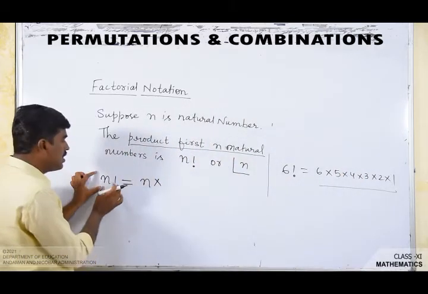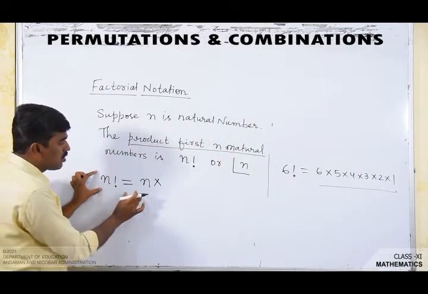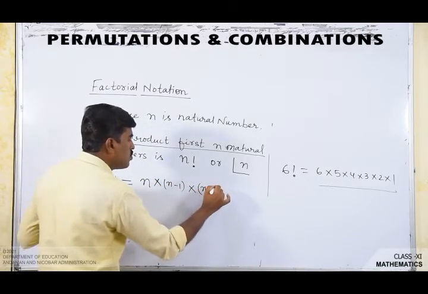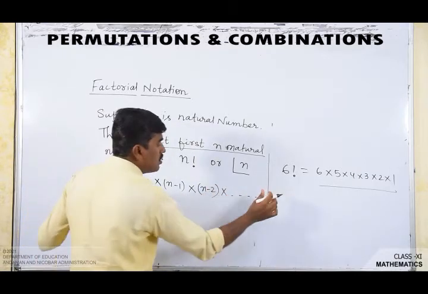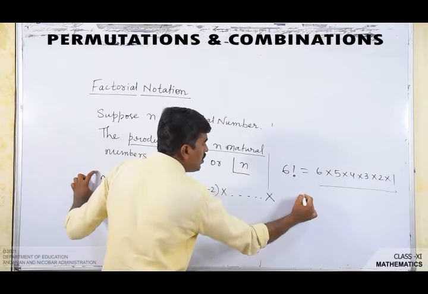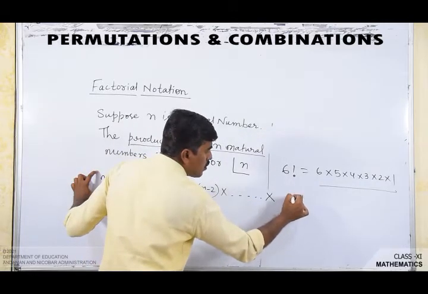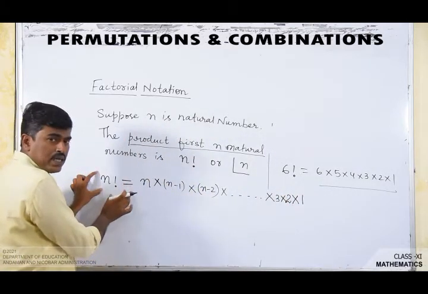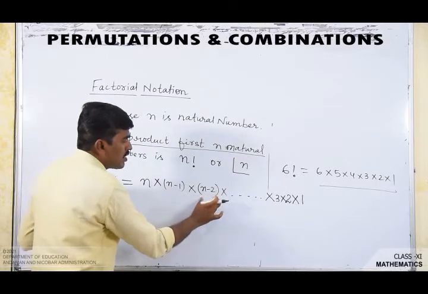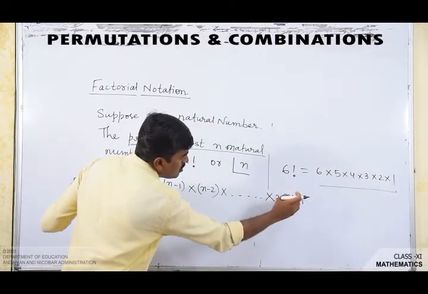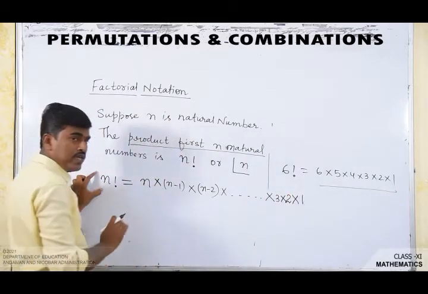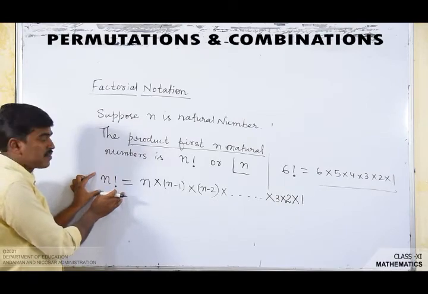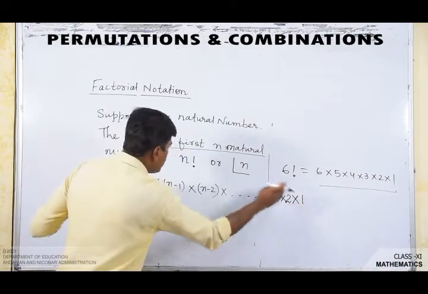Like that we have to write n factorial as n factorial is equal to n into n minus 1 into n minus 2 into dot dot dot and so on, into the last number which will be 1, and before this 1 there will be 2, and before this 2 there will be 3, like this. So n factorial can be written as n into n minus 1 into n minus 2 into dot dot dot and so on, and into 3 into 2 into 1, up to 1 we have to write. So it is written in the reverse order, that means the product of first n natural numbers, the product of natural numbers from 1 to n.